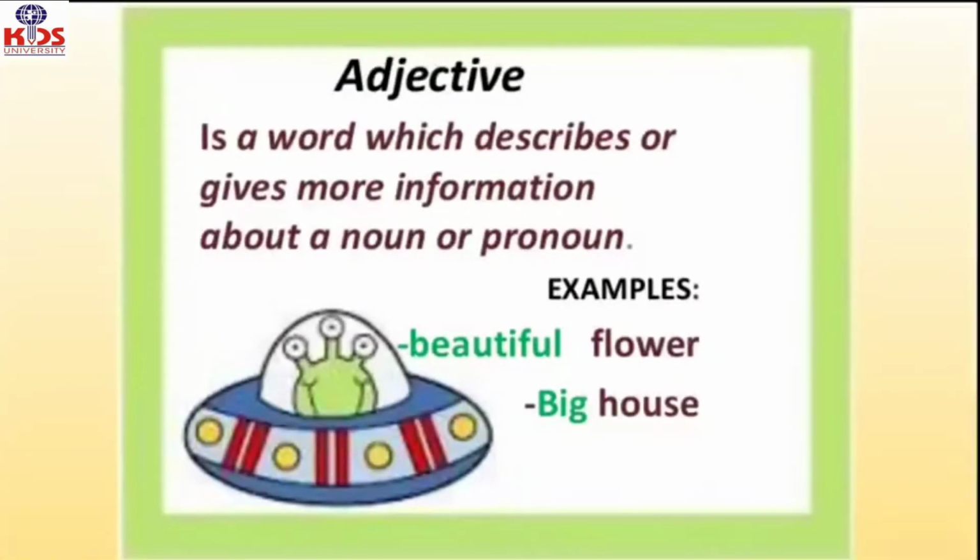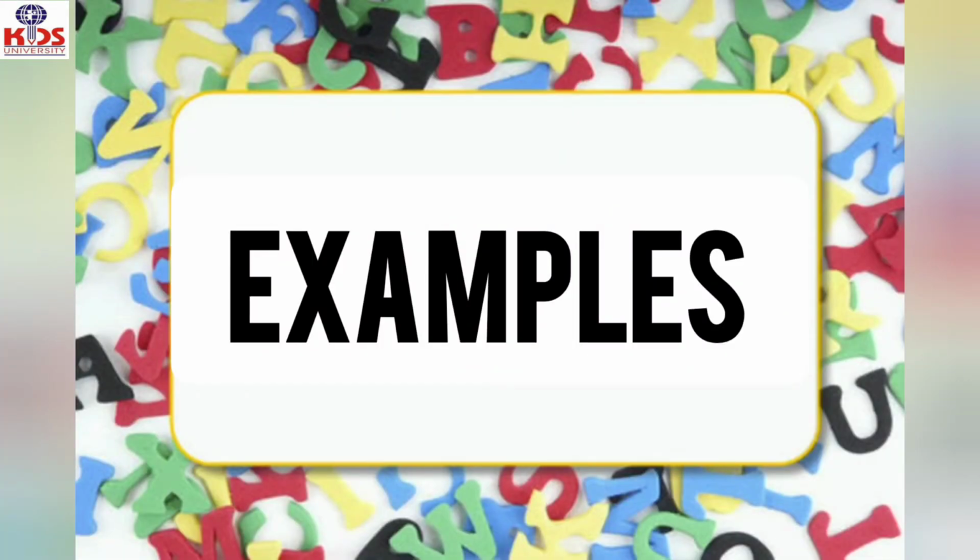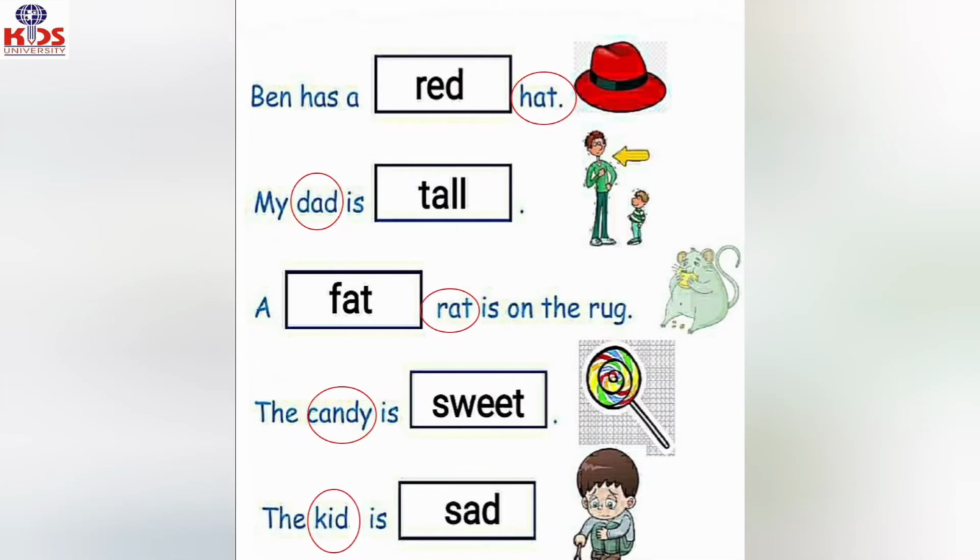Another example is big house. Here, big is describing the quality of a house, that the house is big. So, big is an adjective and house is a noun. Here are few examples of adjectives.